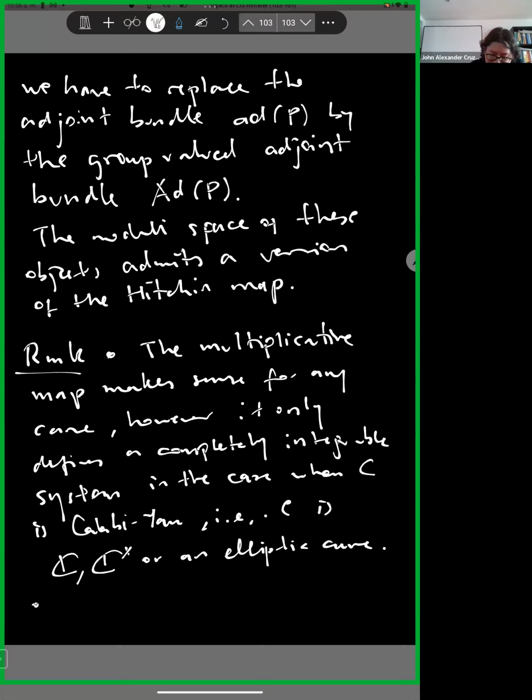In this Calabi-Yau case, the resulting moduli space is hyperkähler.